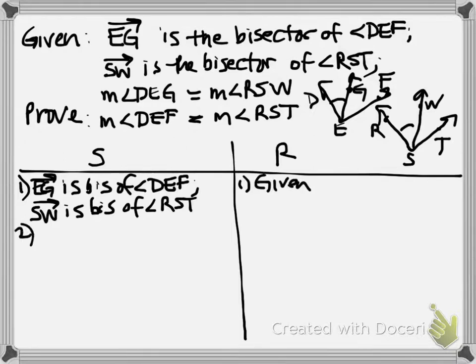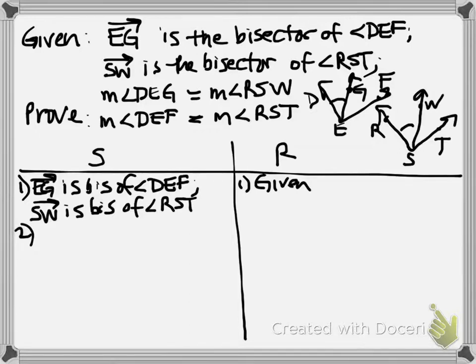So what I can conclude from the bisector is that, because I know I have an angle bisector, I can actually use the angle bisector theorem. I'm not trying to prove it, so I can use it.